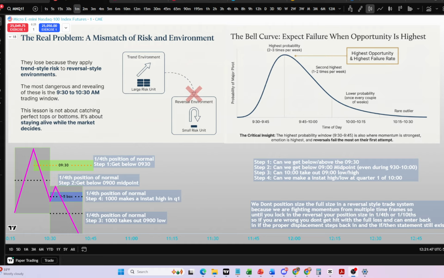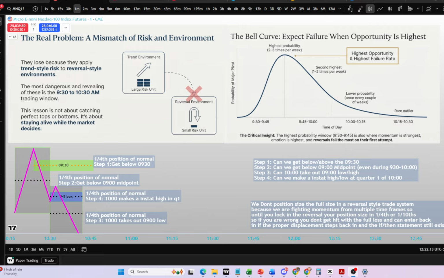So statistically, we see two things to be true. Either we're going to put the major pivot in between 9:30 and 10:30, or we're going to continue momentum. The higher probability is that we put a major pivot in. We saw that 33% of the time, that major pivot would be the high day or low day, 65% of the time it would be the major pivot for the 3 hour, or 58% of the time for the 12 hour.